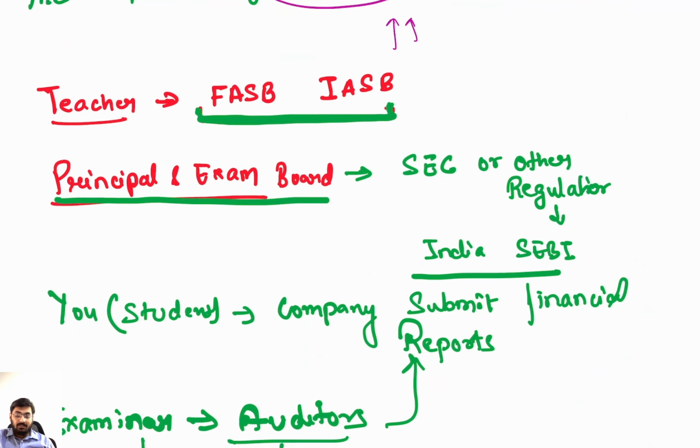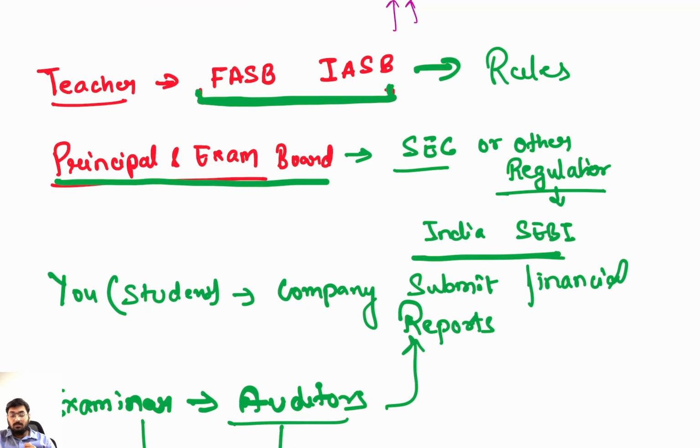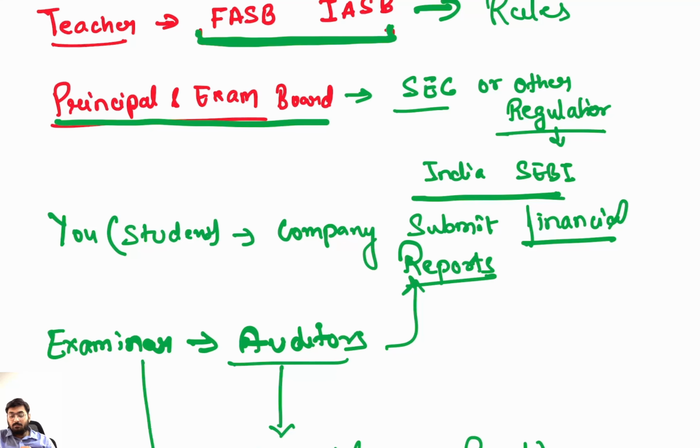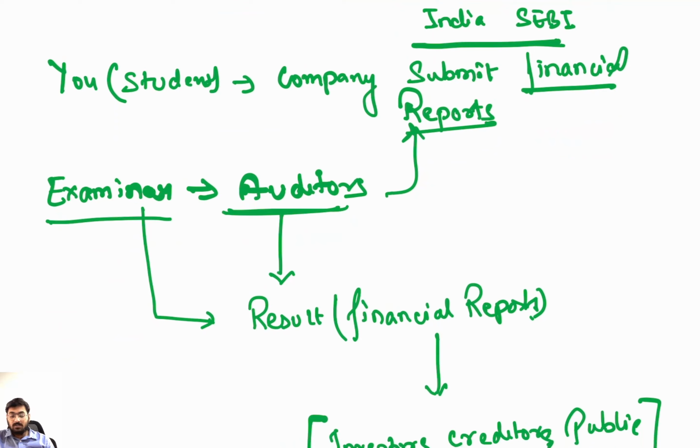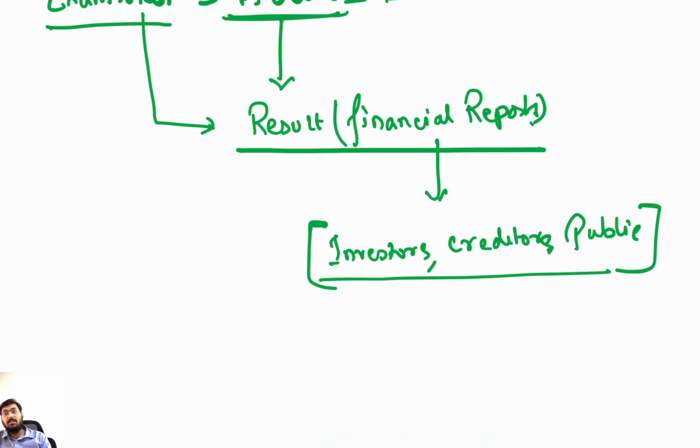Clear? So they will define the rules. SEC and other regulators like SEBI in India will ensure that companies follow the rules. You submit your financial reports, then auditors will check them, and then they will publish the financial reports to the investors, creditors and the public to ensure transparency and fairness.